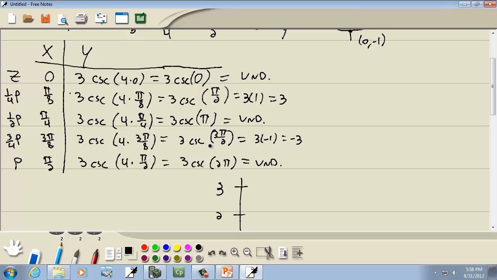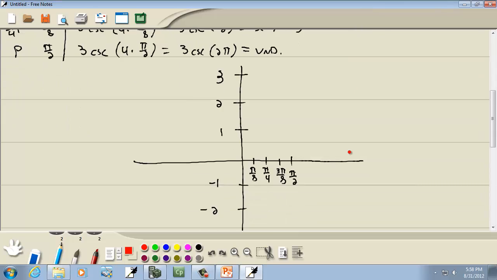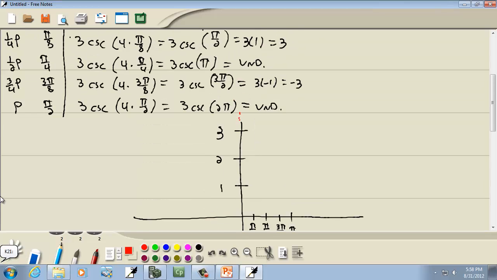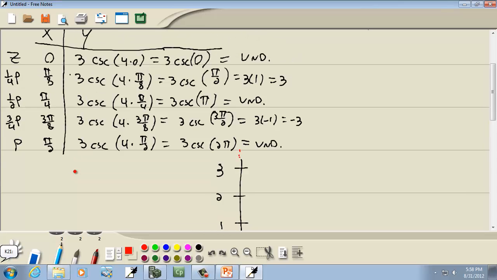Okay, so first point is 0 and undefined. Okay, well, I'll deal with that. So this is undefined here. This means vertical asymptotes. There we go. Next one is pi over 8 and 3.